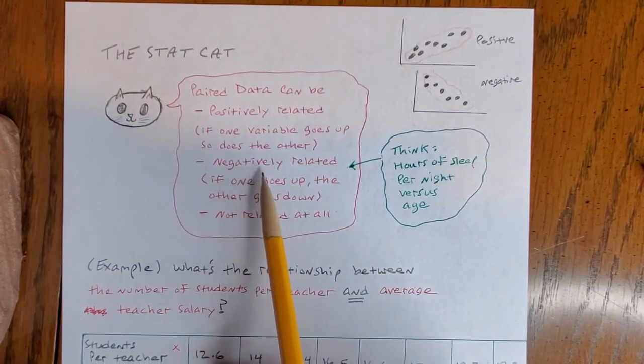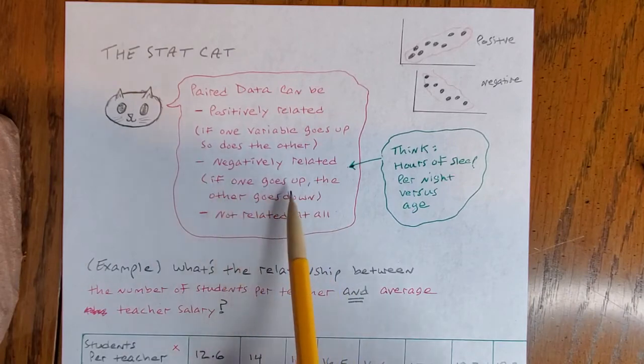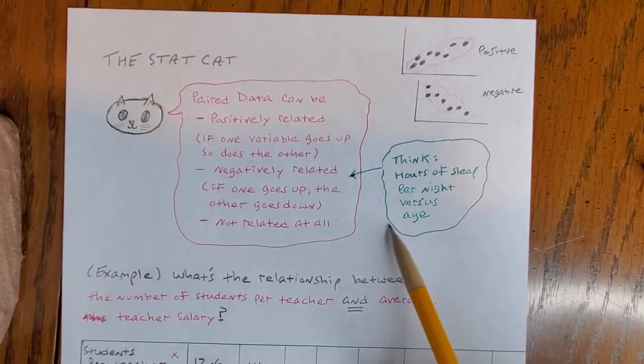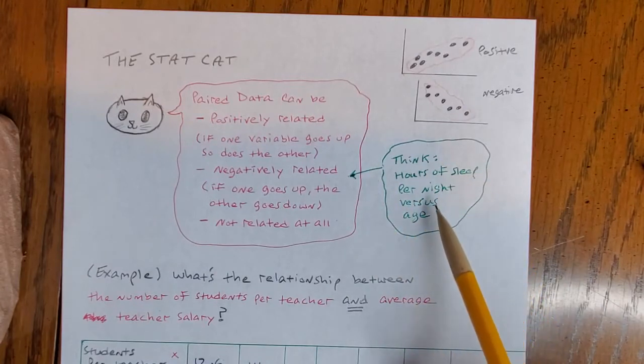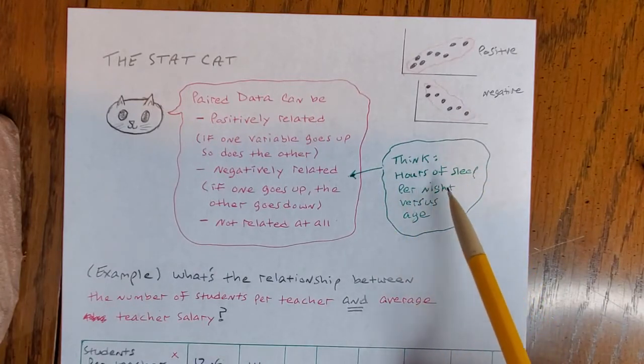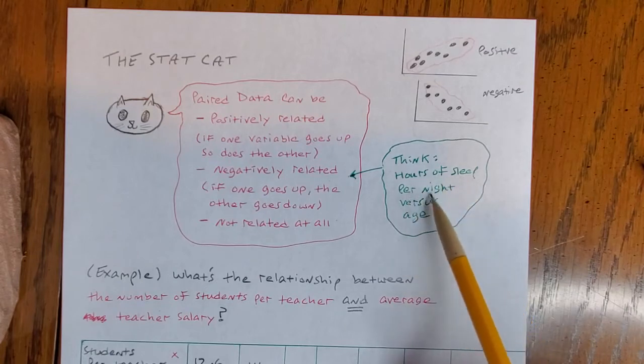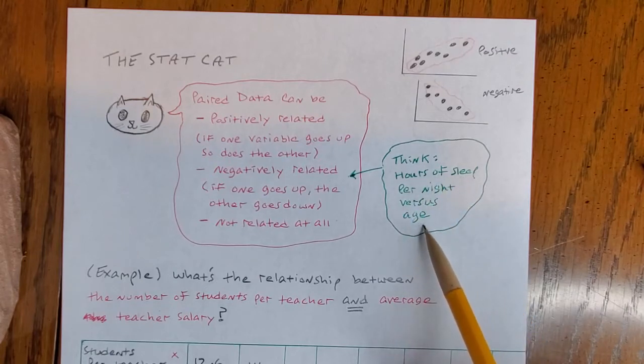They can be negatively related, and that means if one goes up, the other goes down. A real life example with people is the hours you sleep per night versus your age. Normally as you get older, you sleep less at night.